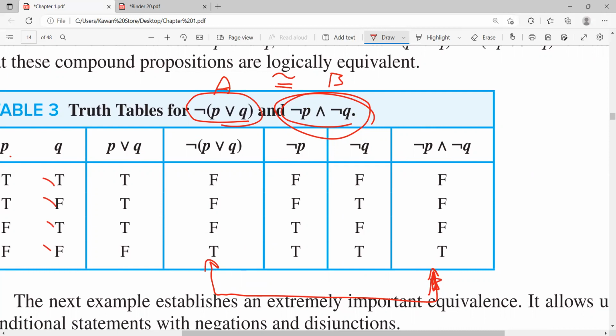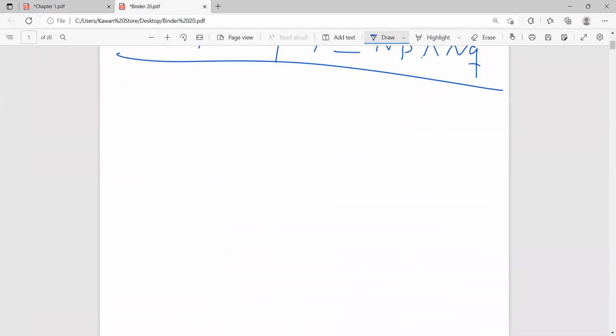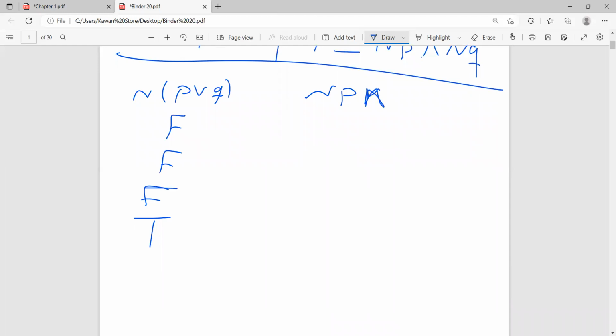Do not forget F, F, T. So negation of P or Q is equal to F, F, T, and negation P and negation Q again is equal to F, F, T, right?